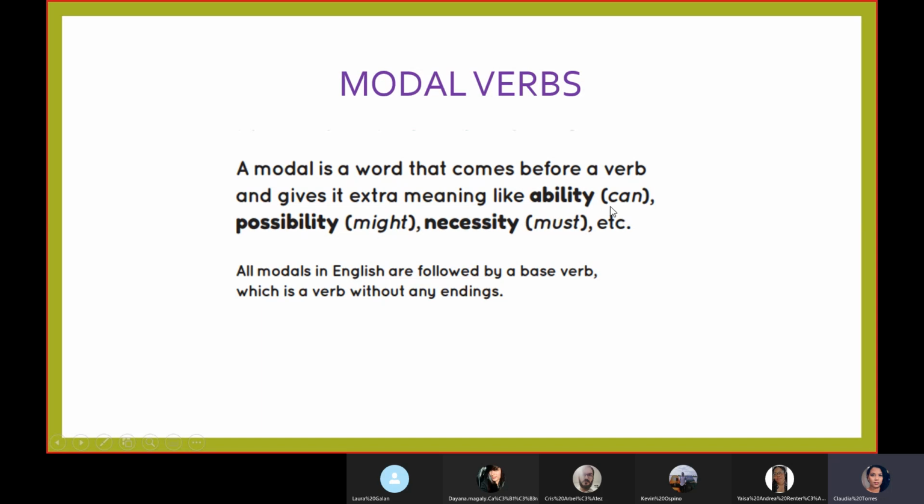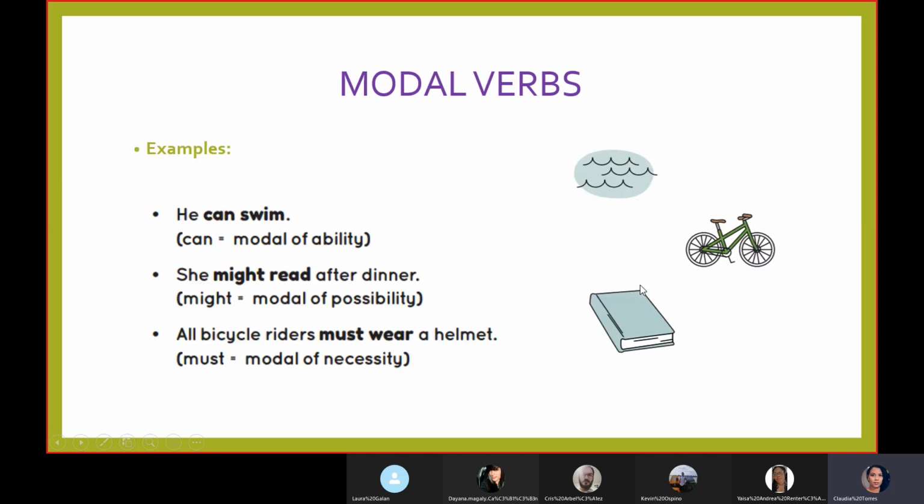But sometimes can, especially when you are asking for permission, right? So they have different uses. These are the most common uses, but they have several uses.